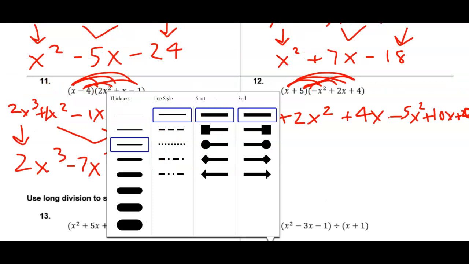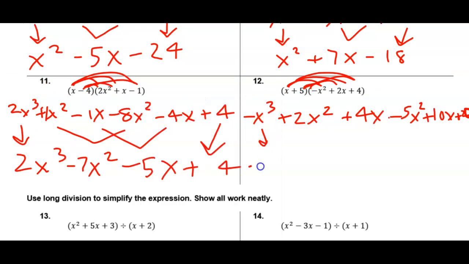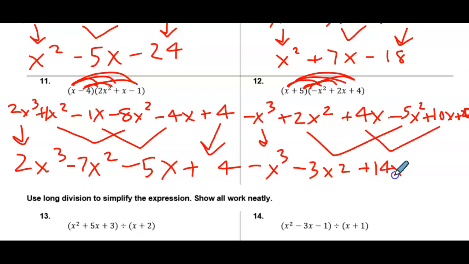Bring this down. We have 1 third power, 2 squared terms, 2 x terms, and then bring down this constant, 20. Okay, that's it for multiplying.